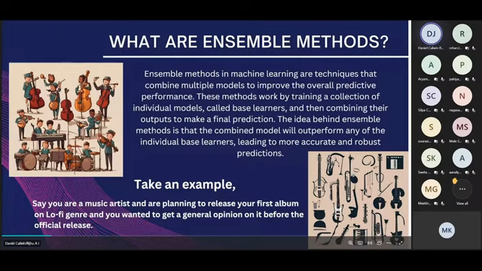When we combine several such weak learners, we get a bigger and clearer picture of the data on the whole in a single model. That's basically how accuracy is improved with the help of ensemble methods.